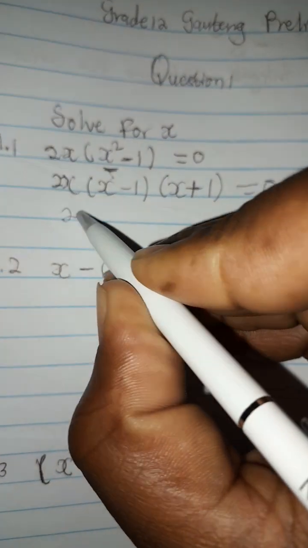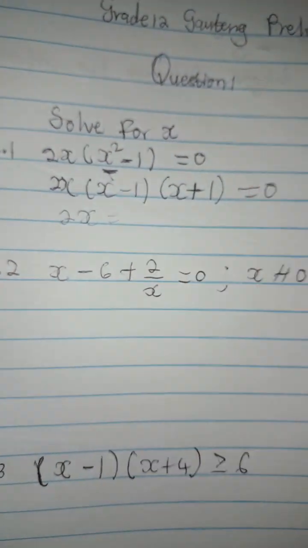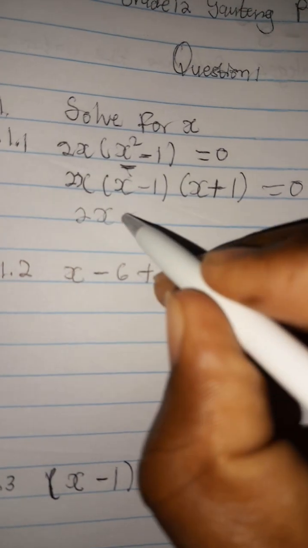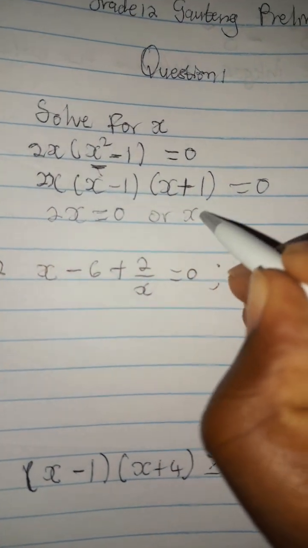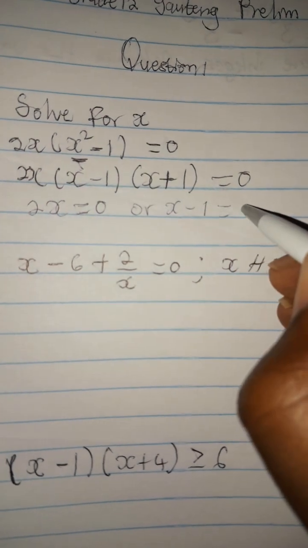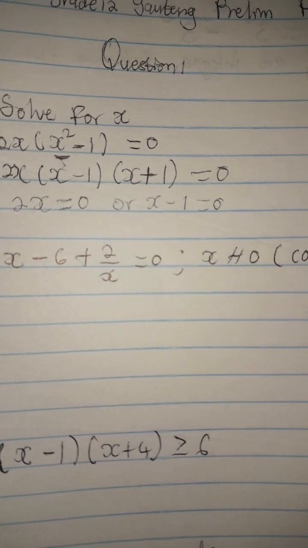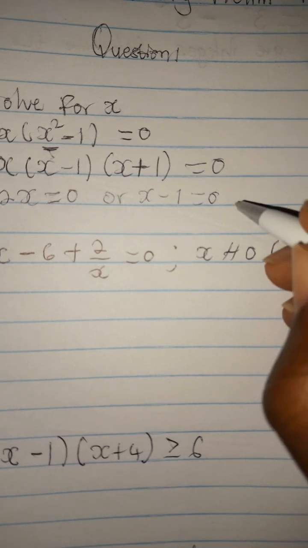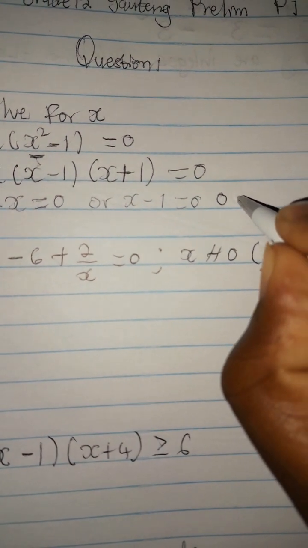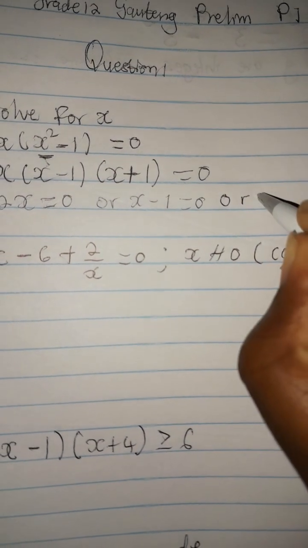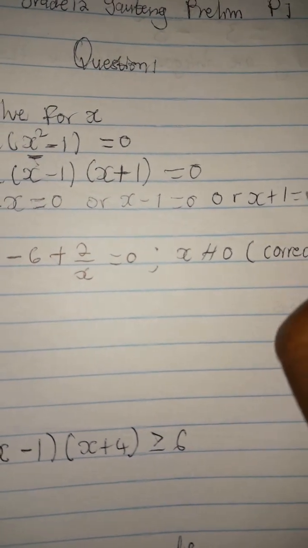So from there we are going to say 2x is equal to 0, or x minus 1 is equal to 0, or x plus 1 is equal to 0.